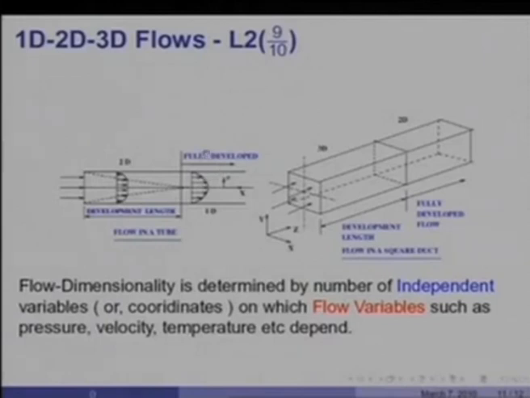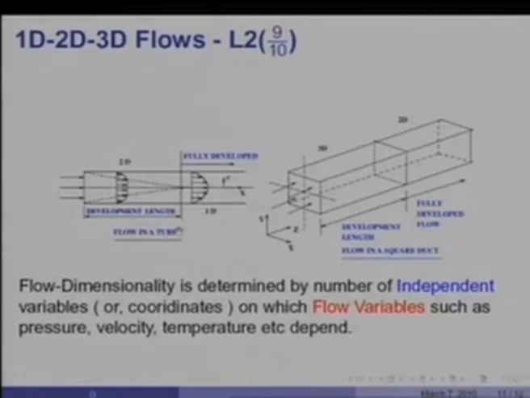You are all familiar with these terminologies, development length and fully developed length, but notice that in the development length, flow variables such as pressure, velocity and temperature are functions of independent variables x and r, whereas in the fully developed region, they are functions of r only.